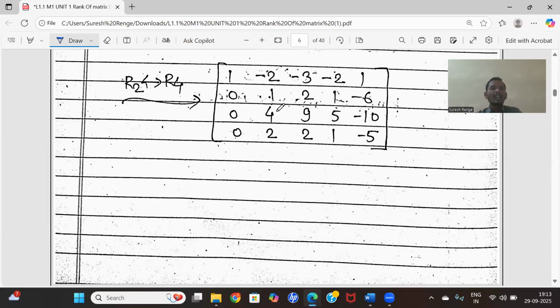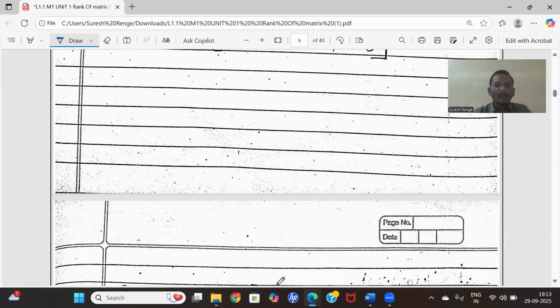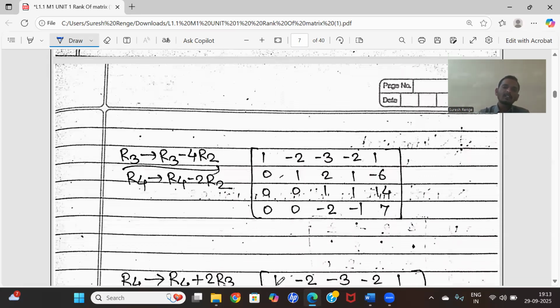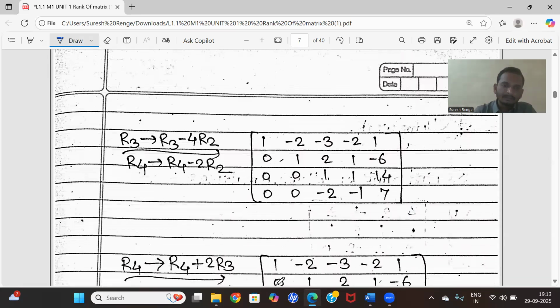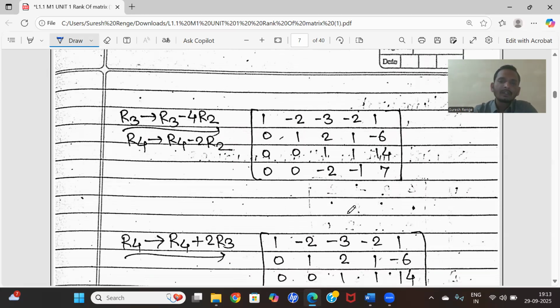Now we are operating this type of operations. If you apply this type of operations, that matrix gets converted into this format.